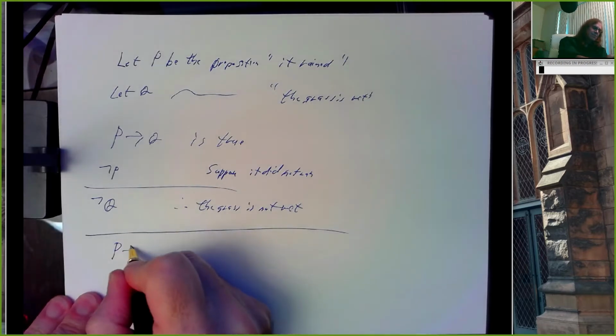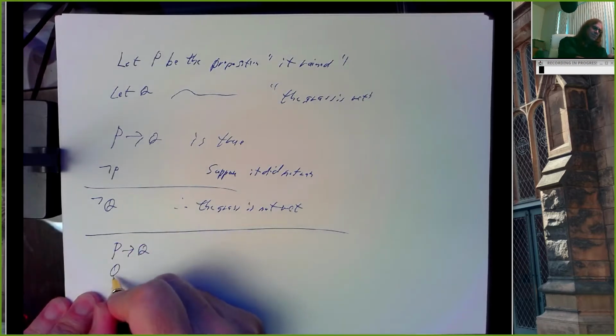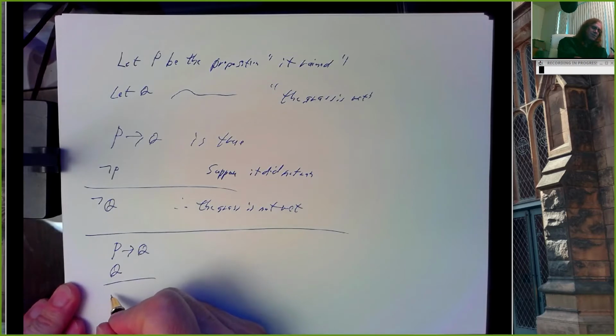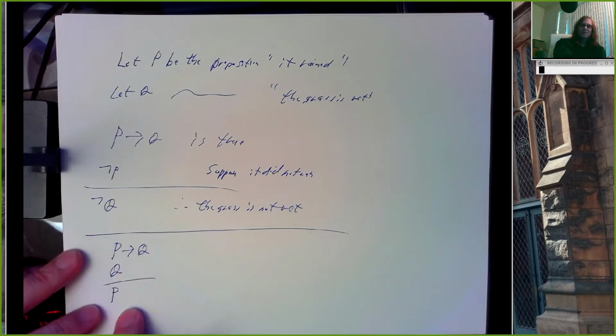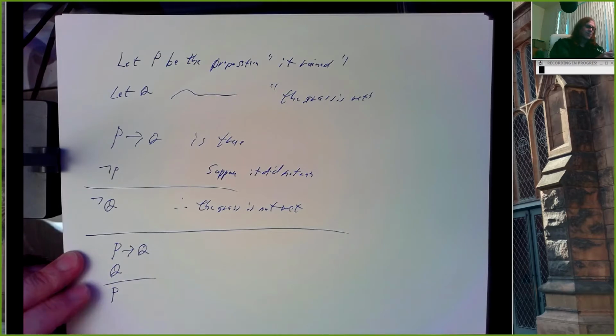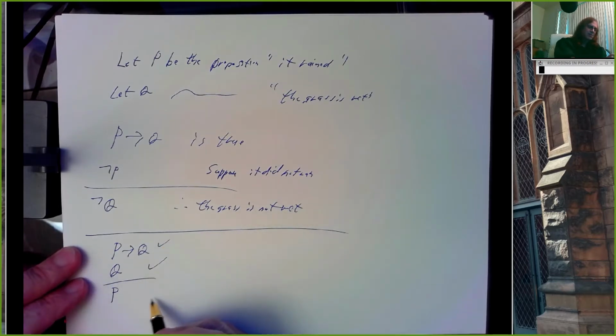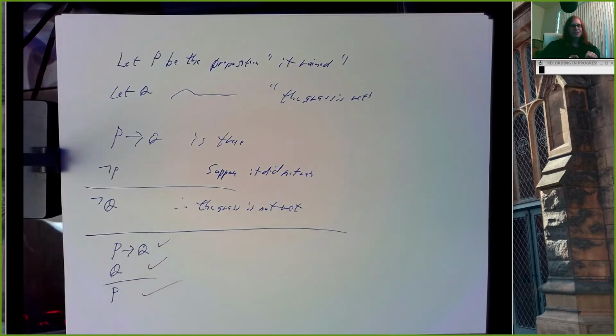And the other version, affirming the conclusion, is this: if it rains, the grass is wet. The grass is wet, therefore it must have rained. That's not logical. It could be that it didn't rain, but somebody watered the grass with a garden hose. So these two things do not lead you to this thing, right? That's a fallacy.